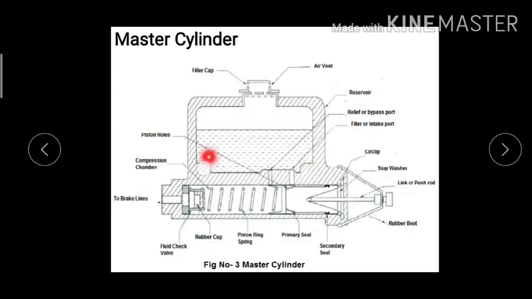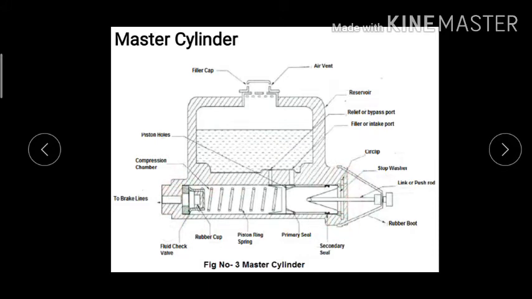This is stored because there may be chances that the liquid leaks out and we may fall short of liquid. So to supply a continuous amount of liquid to the hydraulic system, we require a reservoir. And there is a compression chamber in which the piston is placed.